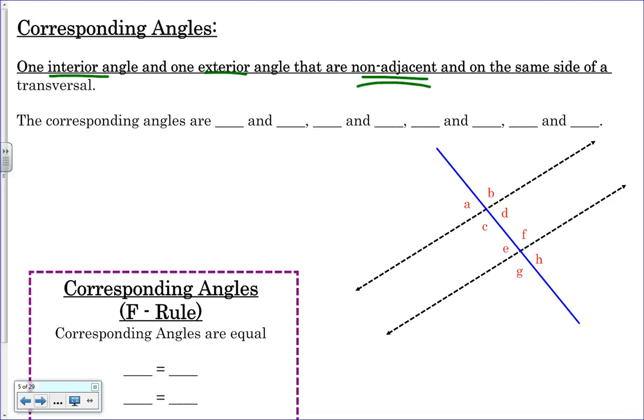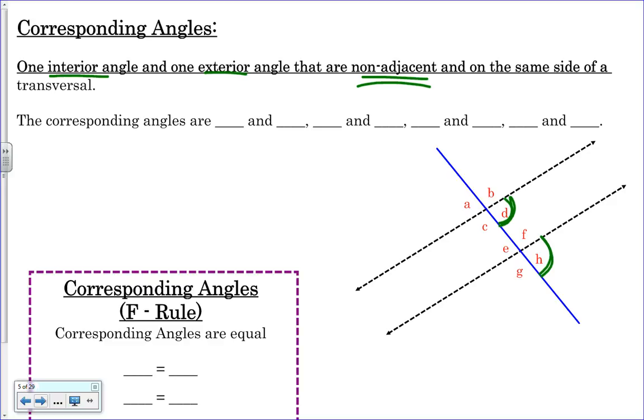An example of that could be like this. They're not touching one another, so it can't be B and D, but they're on the same side of the transversal. So we can see it's D and H would be an example of corresponding angles.